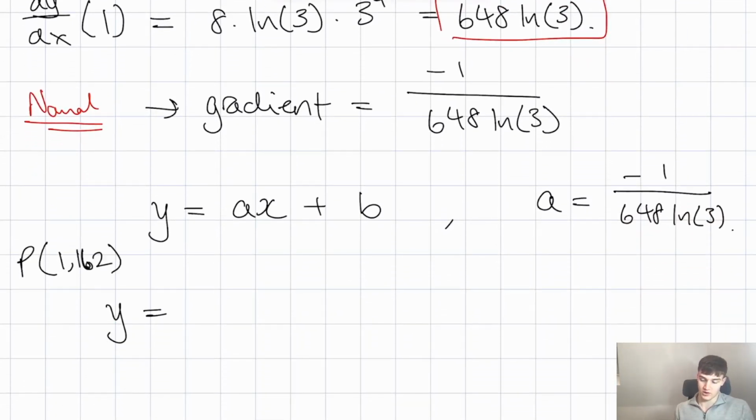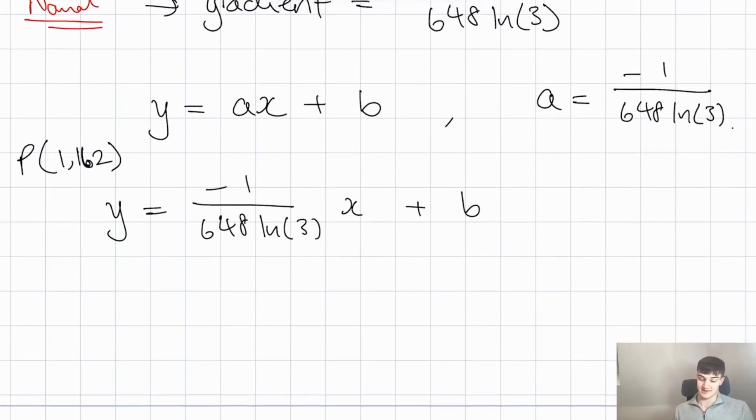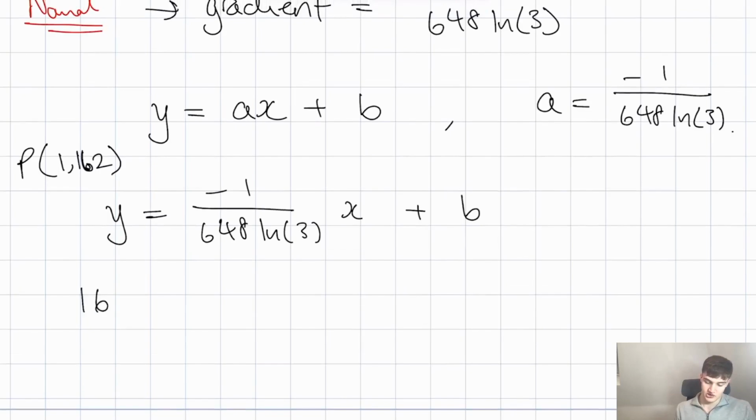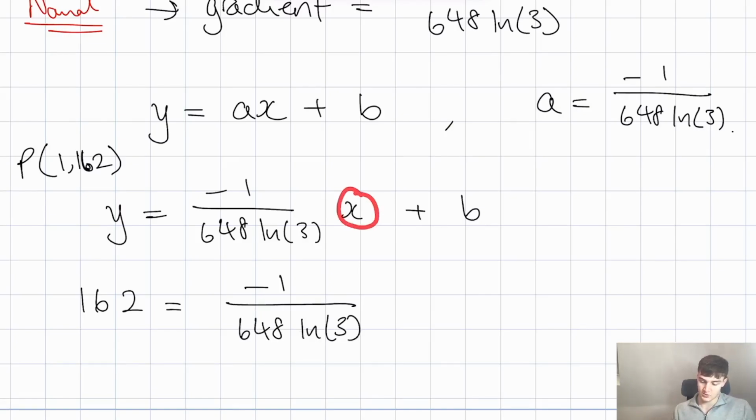So if we know that y is equal to this x plus b, to work out b we need to plug in x equals 1. So we should get 162 is minus 1 over 648 natural log of 3. Plugging in x equals 1 just leaves that as it is, and we're going to get a plus b.